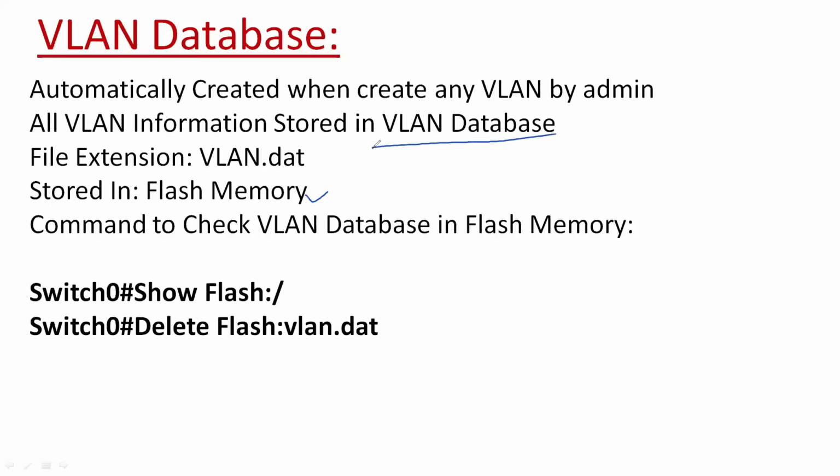To check the flash memory, the command is show flash, and then delete flash:vlan.dat. This is how we can delete the VLAN information.